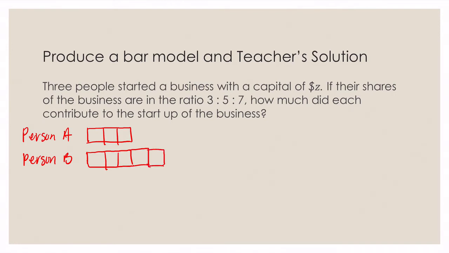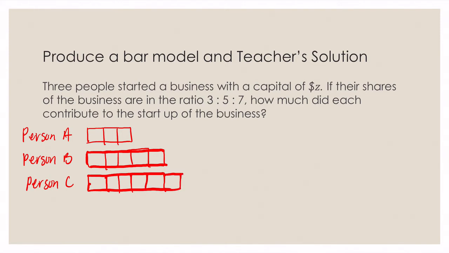And person C contributed 7 units. Okay, so it's the same as the 5 units, draw those in there evenly, and plus 2 more. Okay. Person A, B, and C.